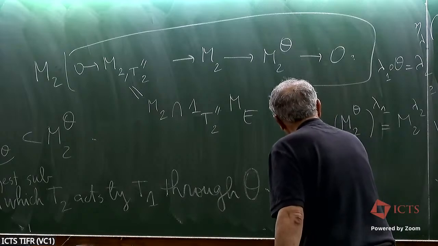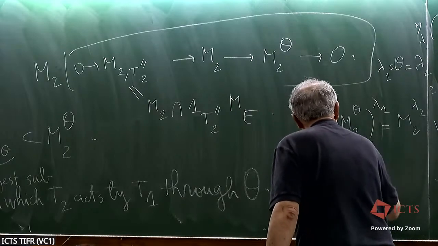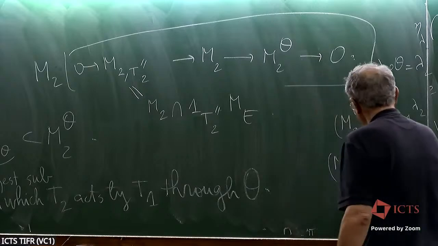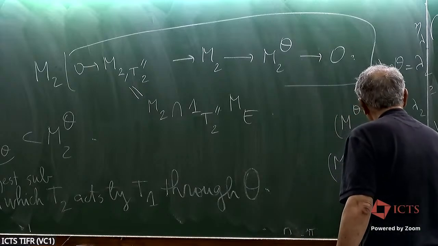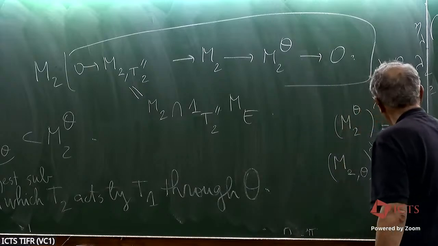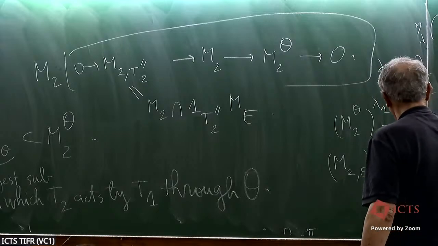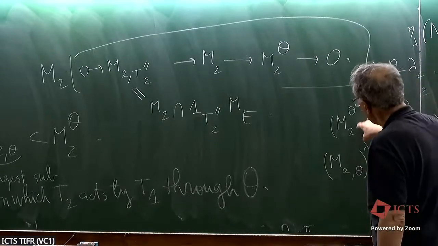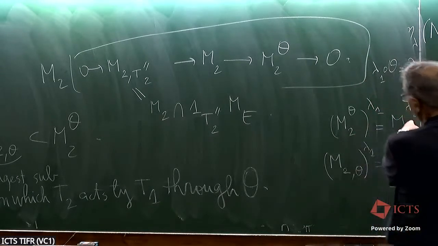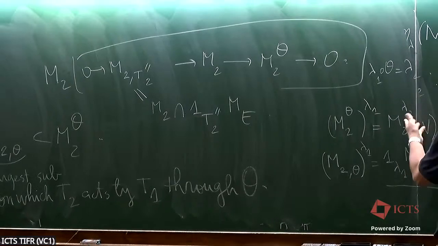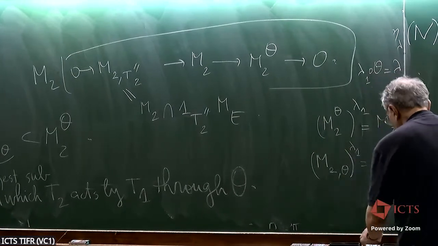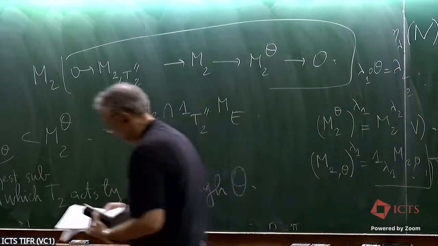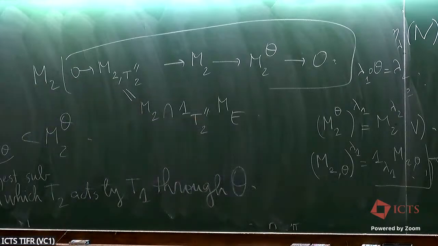So I denote it by this lambda 1. This is applying 1 lambda 1 to this T1 module. And so this is contained in here. This is rank 1. So this quotient is a finite monogeneous module, which I call the M2 relative congruence module.